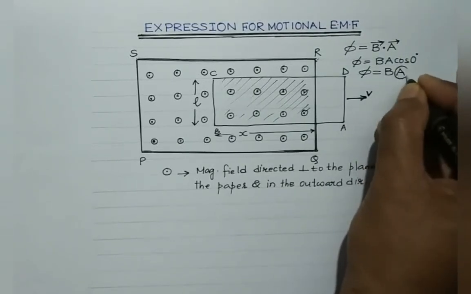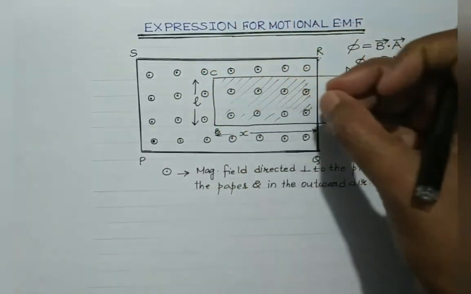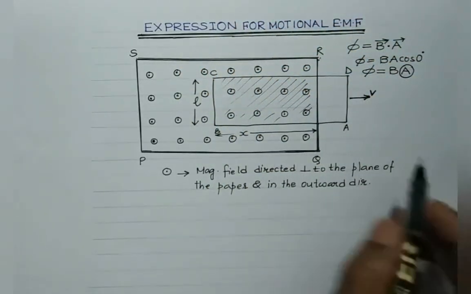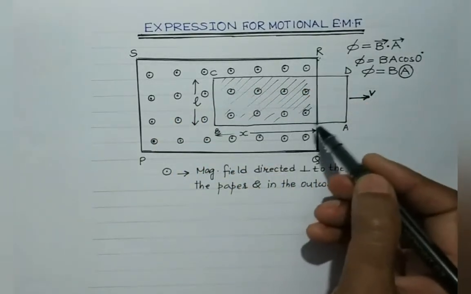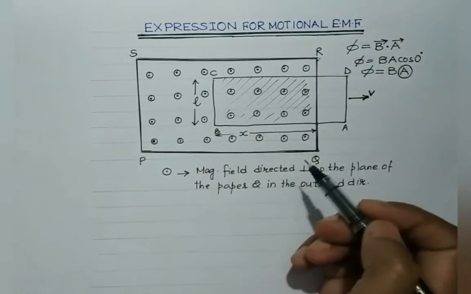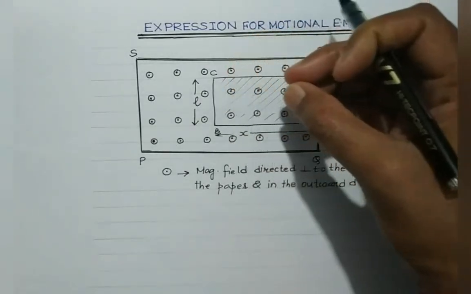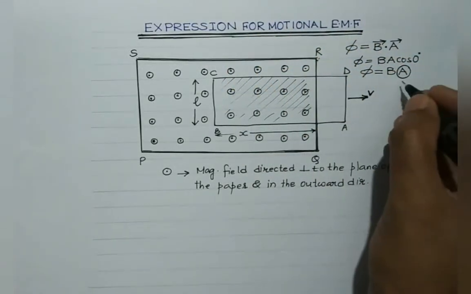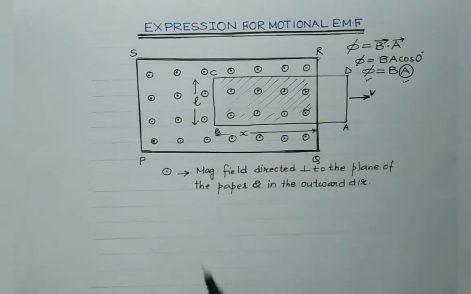This area A will keep on changing as the loop is made to move in the outward direction, isn't it? At this instant, this shaded portion is the area of the loop. This is the effective area of the loop which is under the influence of magnetic field, right? So as the loop is moved in the outward direction, due to change in this area, the magnetic flux linked with this loop will also change.